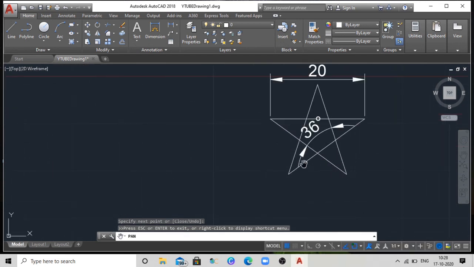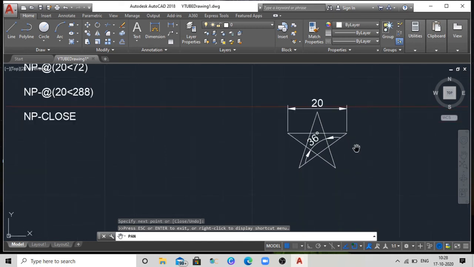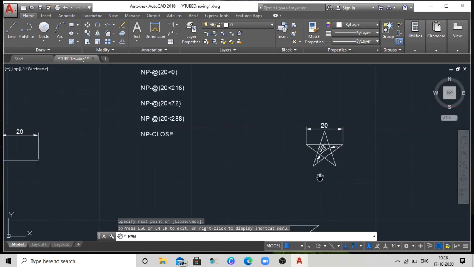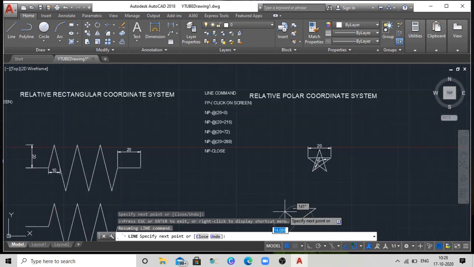Because here this angle is given as 36 degrees with respect to the origin, that is the origin is here. So this will be 180 plus 36 equal to 216. By this I get the 216.